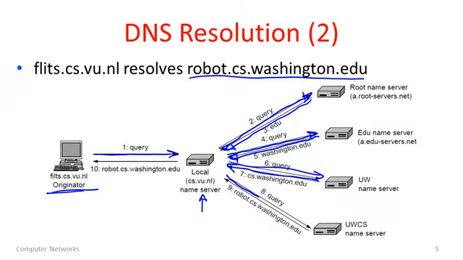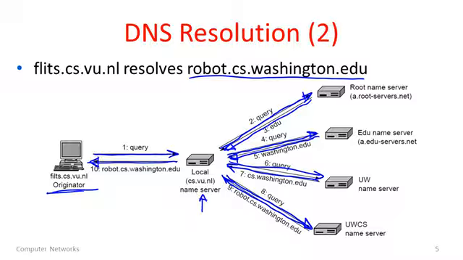And finally, when you ask cs.washington.edu, what is the IP address of robot.cs.washington.edu, this name server can answer it because that domain is within its zone. It has not been delegated. It will send back the IP address. And the IP address will then be at the local name server who now has the answer, and it will send it back. In the last step to Flits, it'll say, well, here's the IP address.